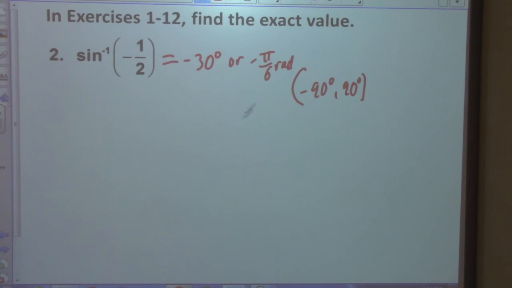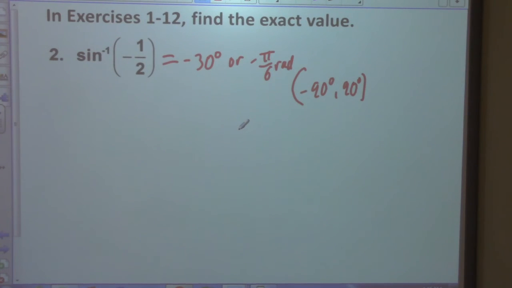Would 5 pi over 6 work too? 5 pi over 6 would be positive sine, right? In quadrant 2, your sine is positive, right?